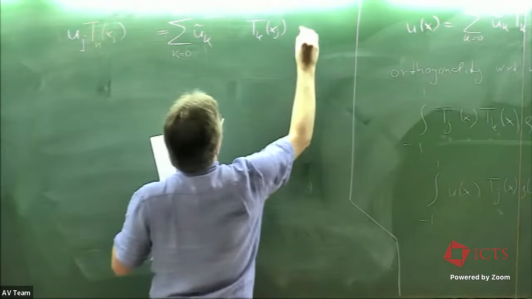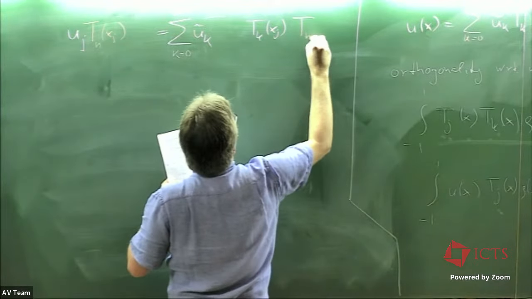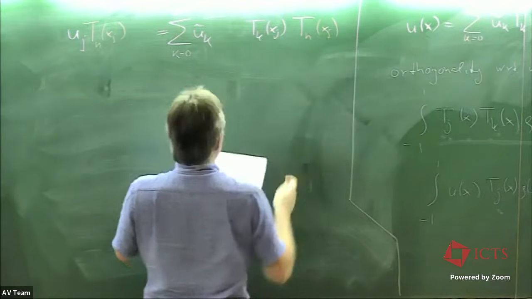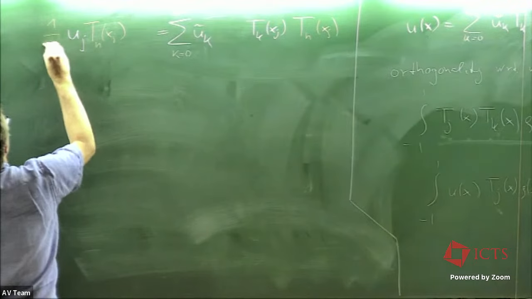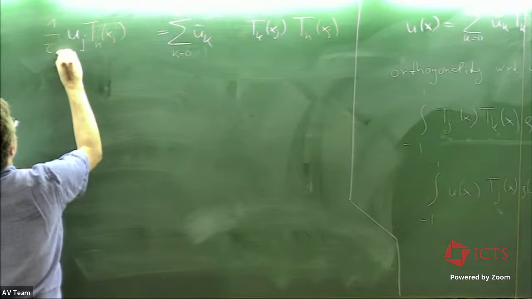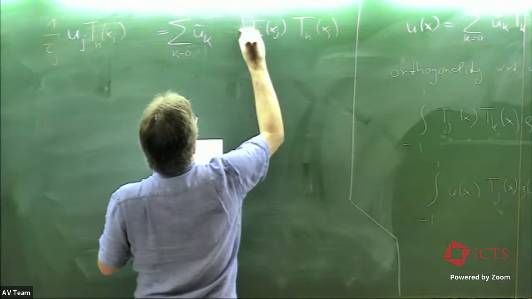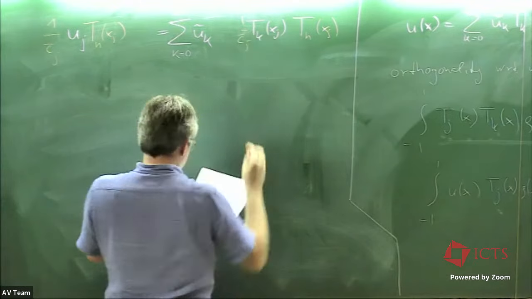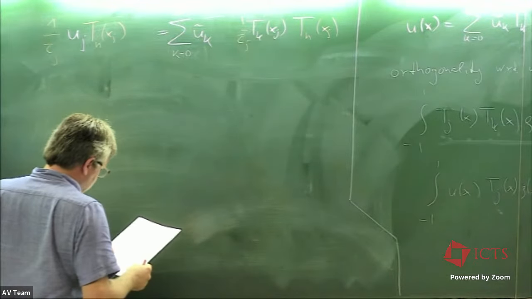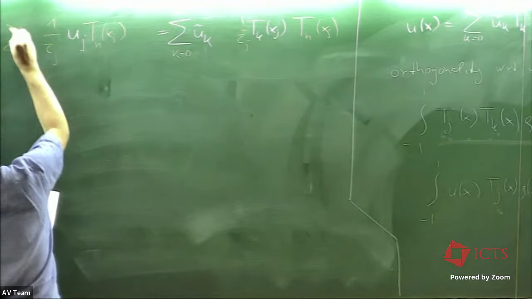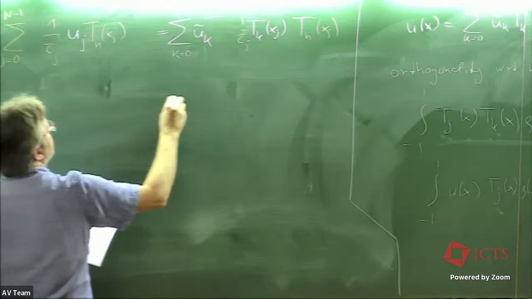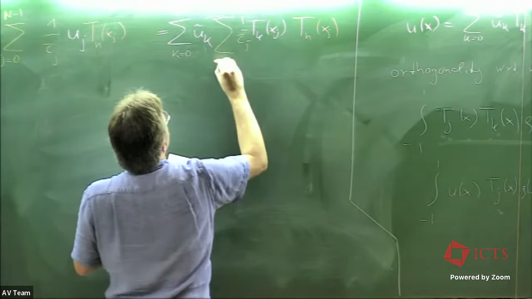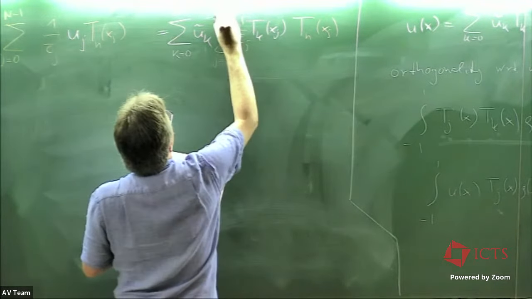T_n of x_j. We need a 1 over c bar_j, and we want to sum this whole thing over j, up to n minus 1.